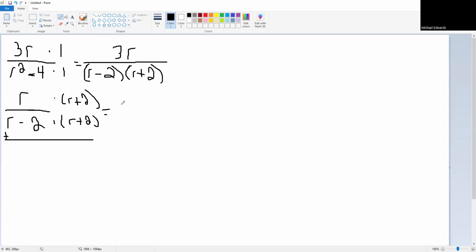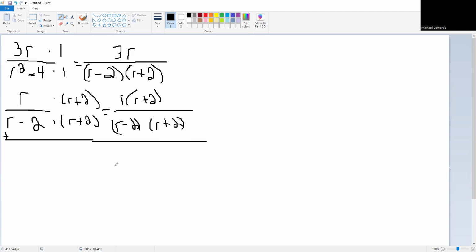So this ends up being r plus 2 over r minus 2, r plus 2. And we're adding, so we write down our addition: 3r plus r plus 2 over r minus 2 and r plus 2.